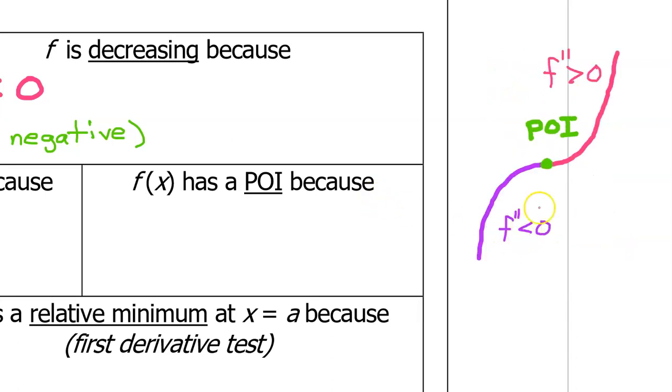Of course, we would also have a point of inflection if the original function went from concave down to concave up. In other words, if f double prime went from negative to positive. We will justify that f of x has a point of inflection because f double prime changes signs.